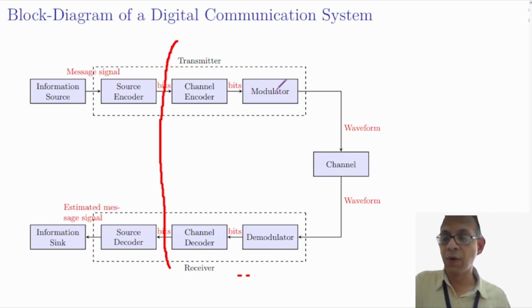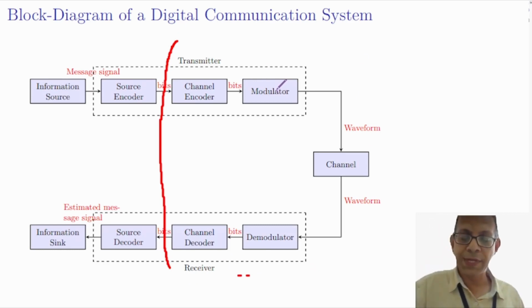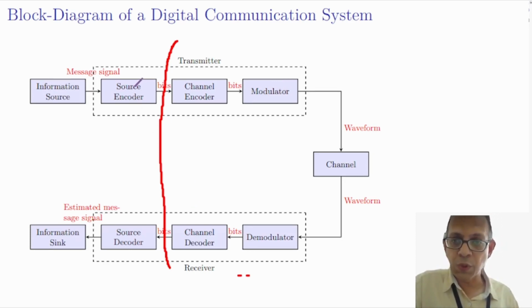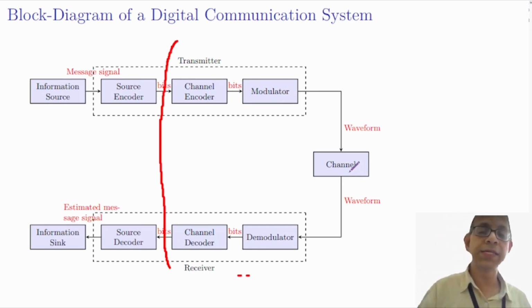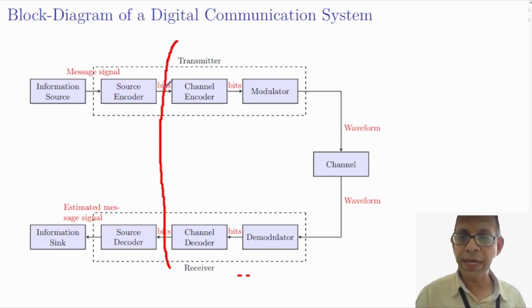So I had told earlier that channel is an abstract term. And here, if we are studying the source encoder and decoder, then the rest of the things that are there can be thought of as a channel. And then this channel is a digital channel, indeed a binary channel, because what goes in is a bit stream and what comes out is a bit stream.